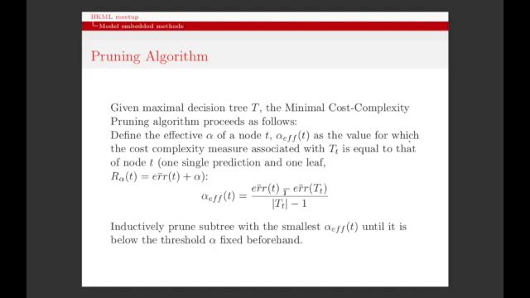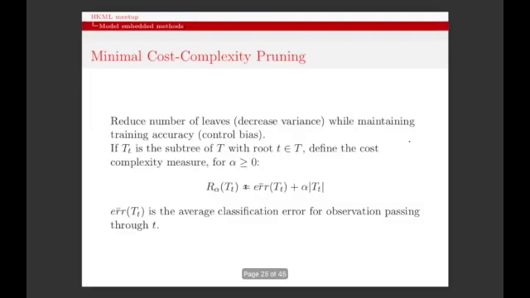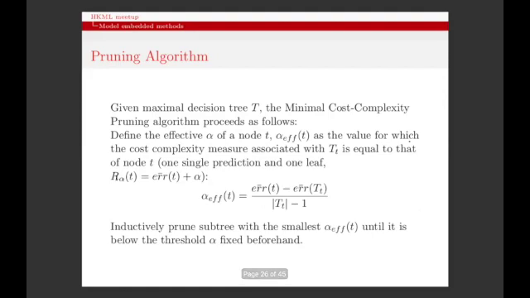So, by doing some algebra and equalizing these cost complexity measures, the effective alpha of the node is given by this.